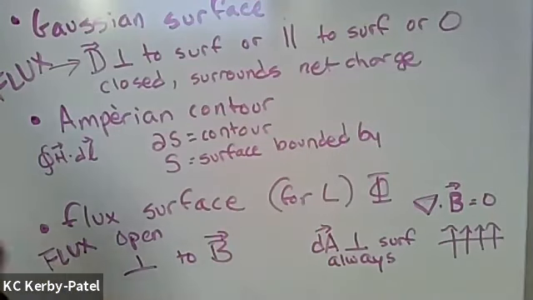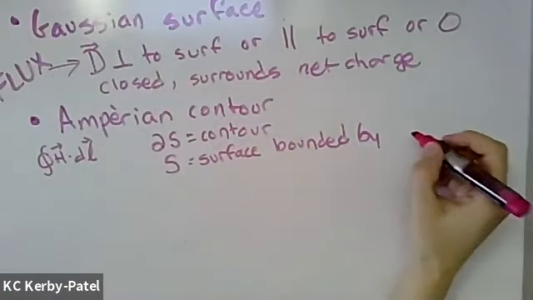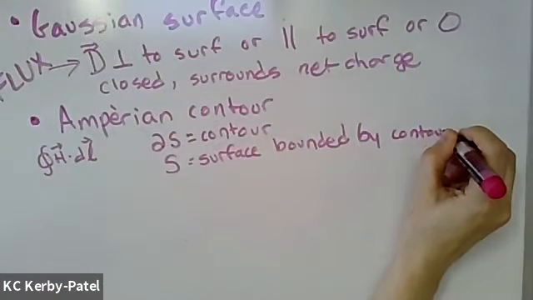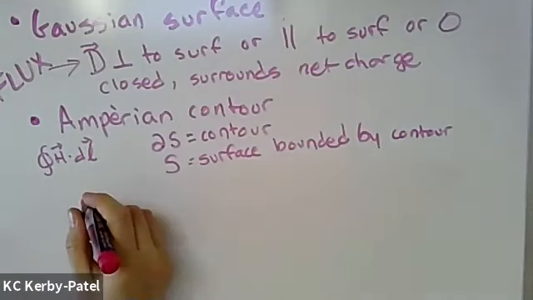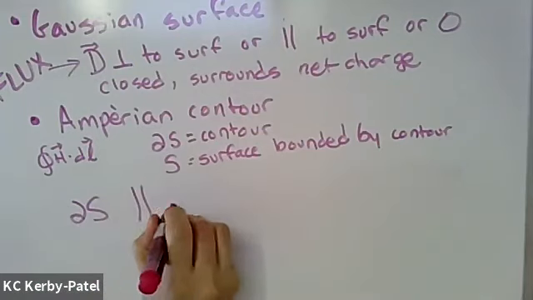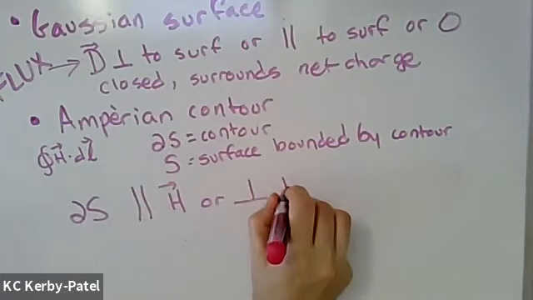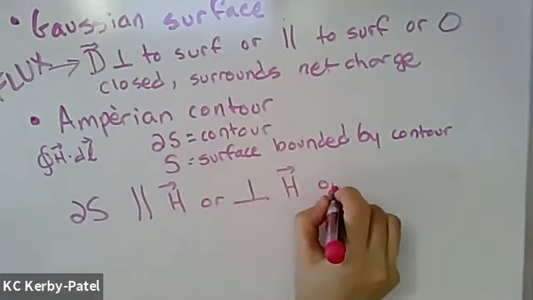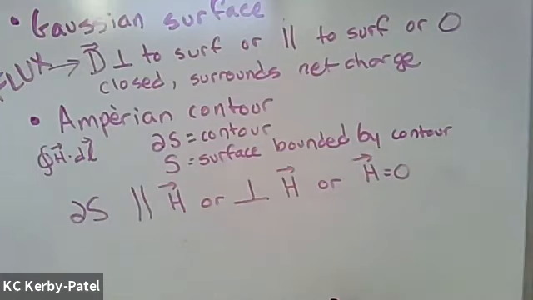I need to make room on my whiteboard. And these two things both have some specific properties. One, the contour should be parallel to H or perpendicular to H or H equals 0 on the place where the contour exists.